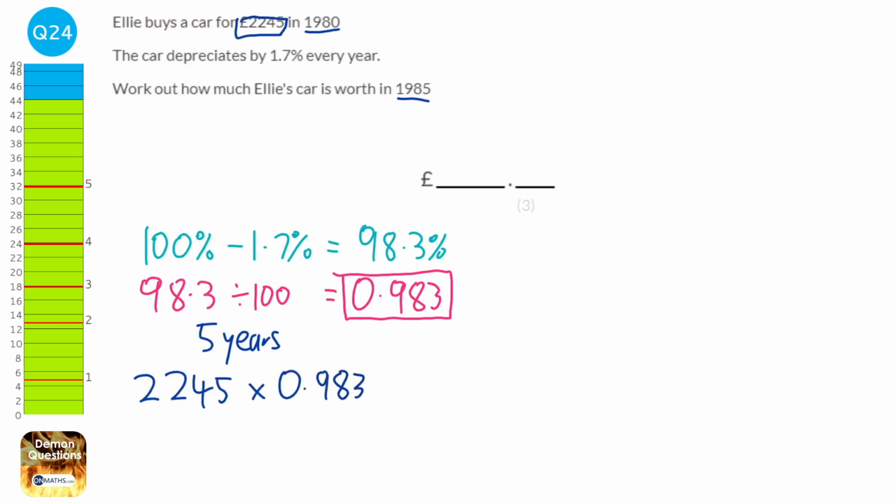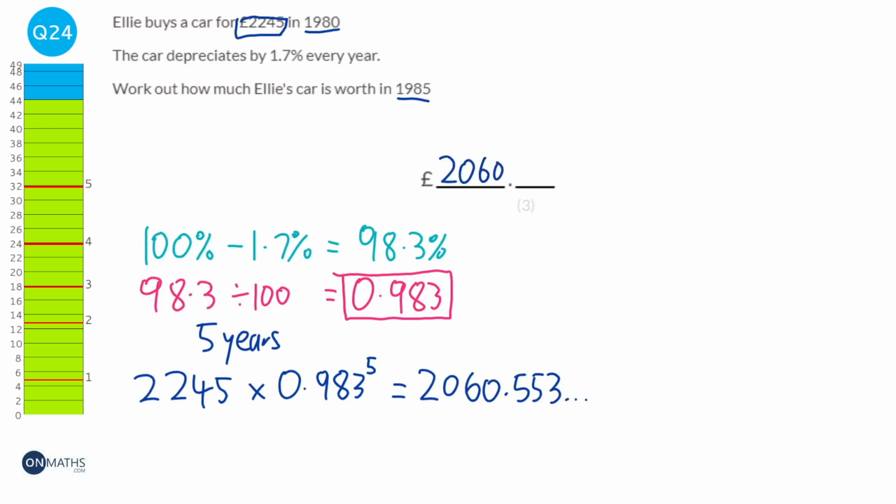Now I can't be bothered on my calculator to times it by 0.983 5 times. So what you can do is do it to the power of 5, which basically means the same thing. And that gives us 2060.553. And when we round that, that would be £2,060 and 55 pence.